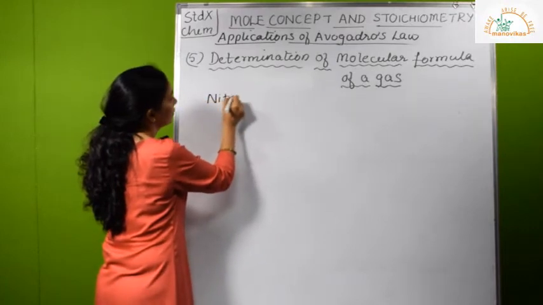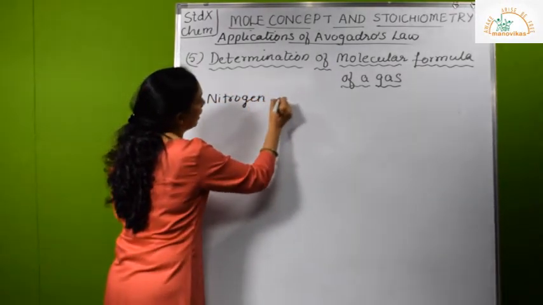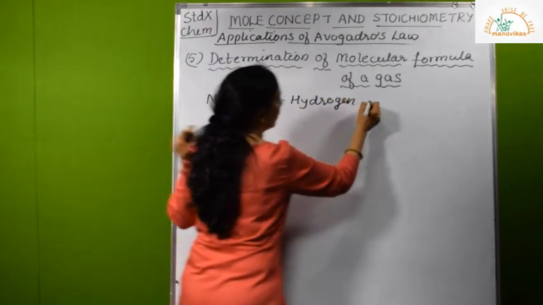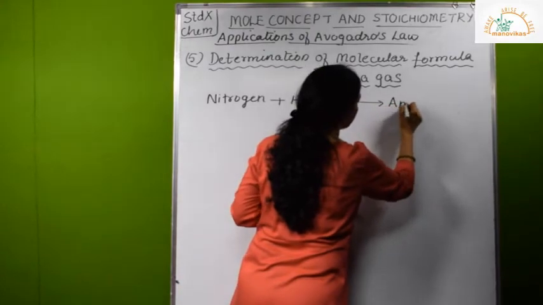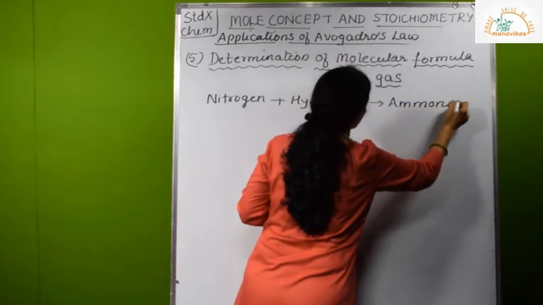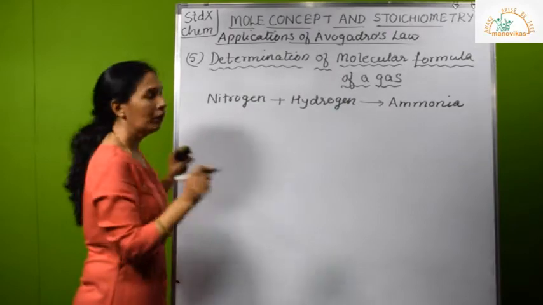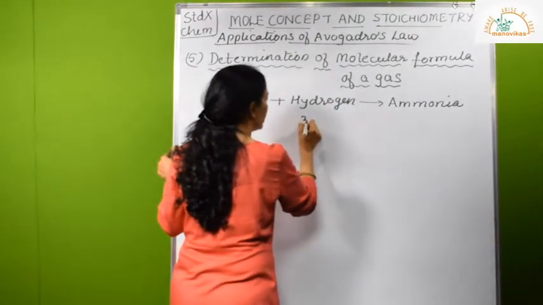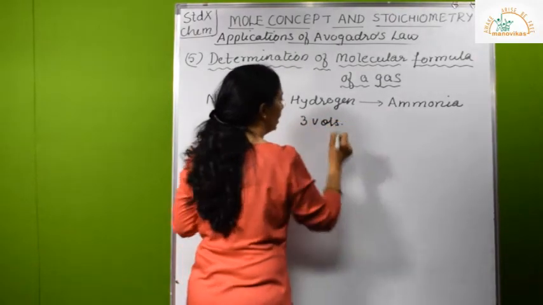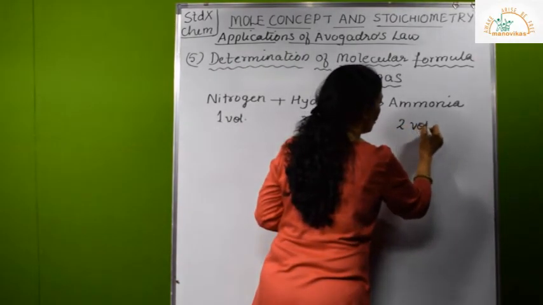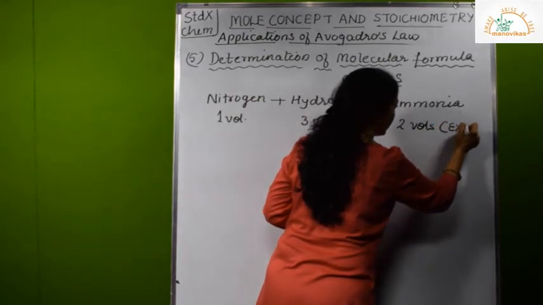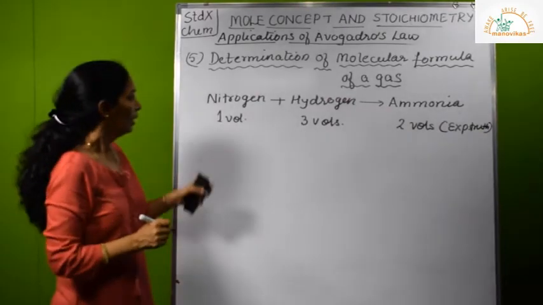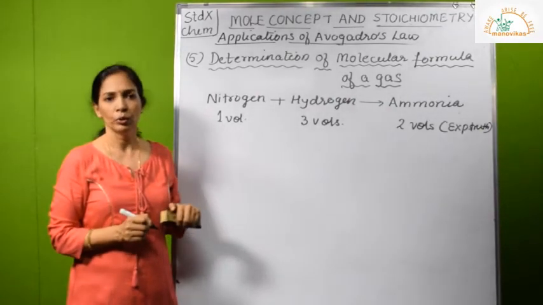Nitrogen combines with hydrogen and gives ammonia gas. And what is found experimentally that 1 volume of nitrogen combines with 3 volumes of hydrogen and gives 2 volumes of ammonia. This is experimental truth. Let us apply Avogadro's law to this.